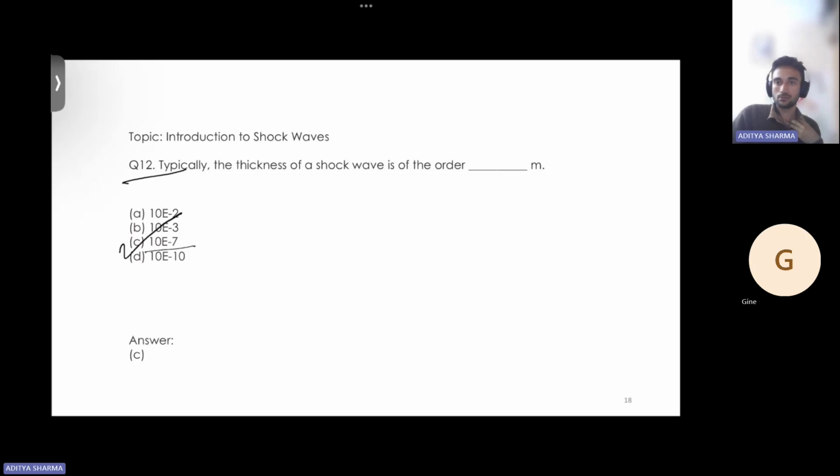That needs to be wondered. So this is question number 12, and option C is correct. Then let's move on to the next question.